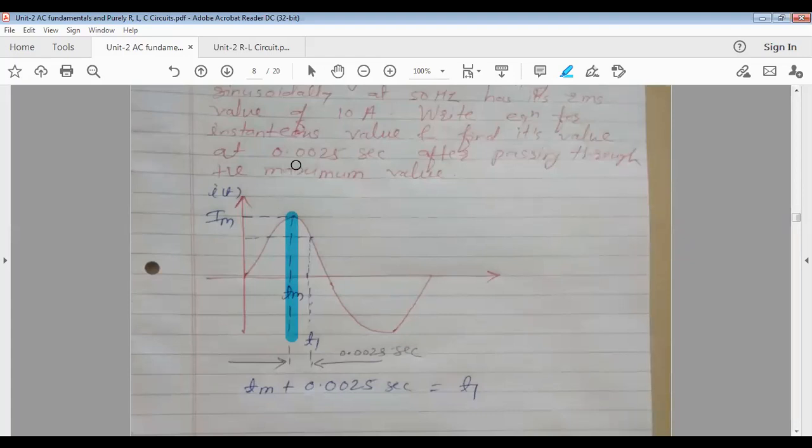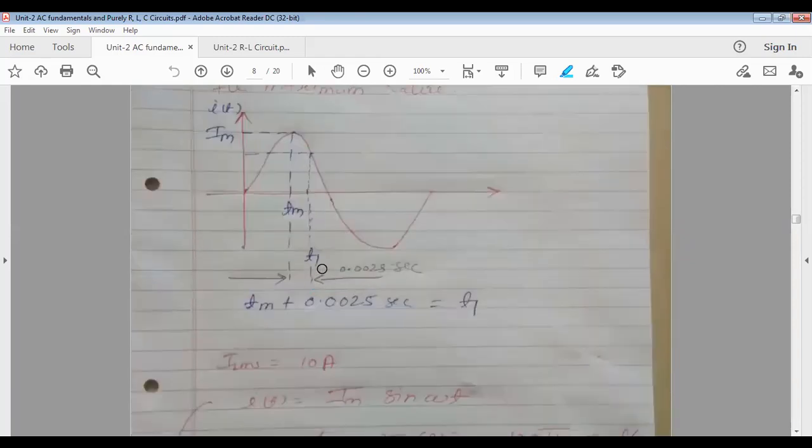Find its value at 0.0025 seconds after passing through positive maximum value. And after Tm, this difference, can everyone see? This second dotted line I have marked as T1. Difference between T1 and Tm is 0.0025 second.